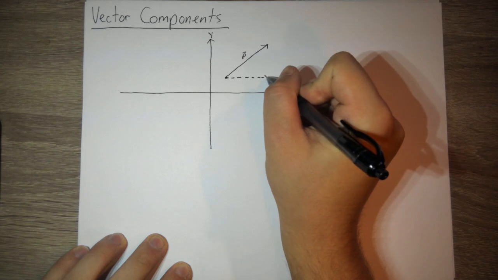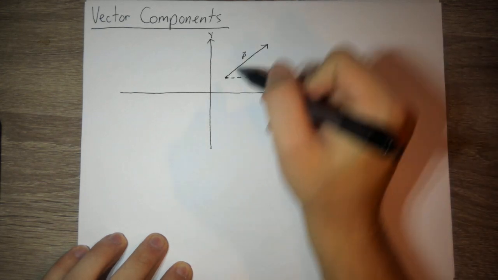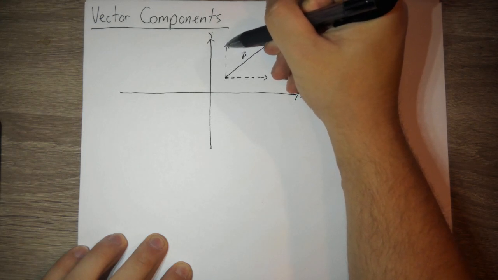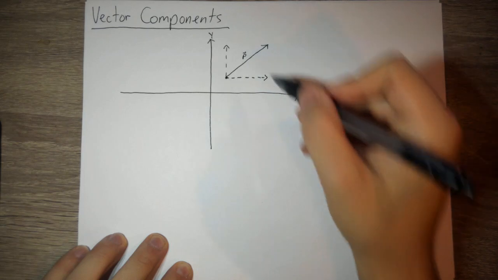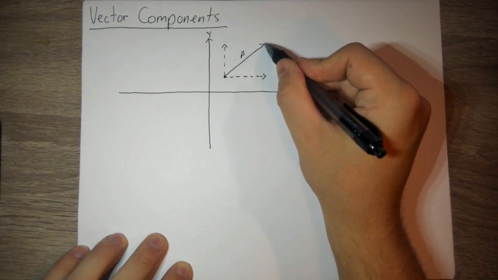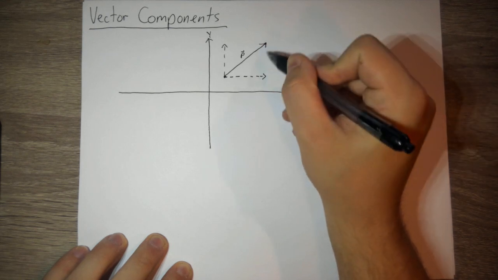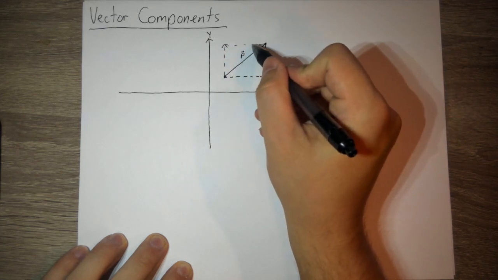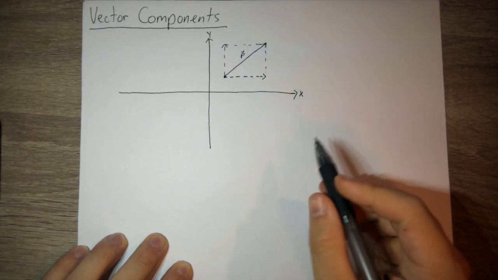If we draw two arrows on the x and the y-axis starting from the tail of this vector p, and we draw it to the edge of where the vector ends, we kind of have this box, like so.